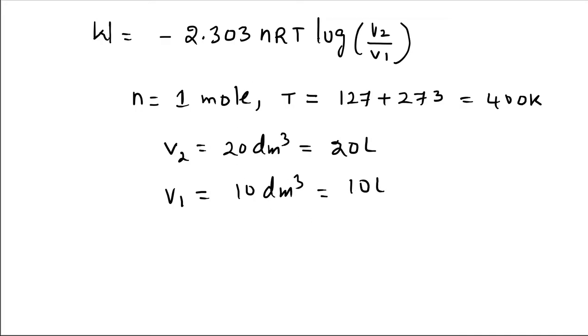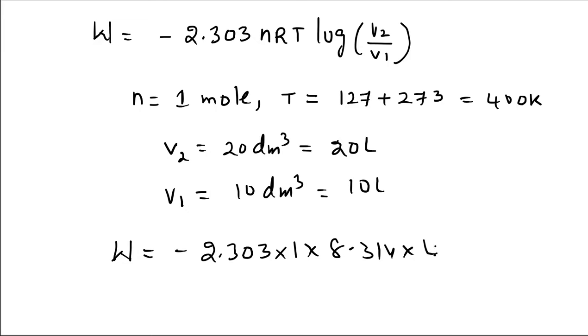Let's try to substitute the R value in joules, because that is the most standard unit of work. So W is equal to negative 2.303 times 1 times 8.314 times 400 times log 20 liters divided by 10 liters. Log of 20 divided by 10 is log 2.